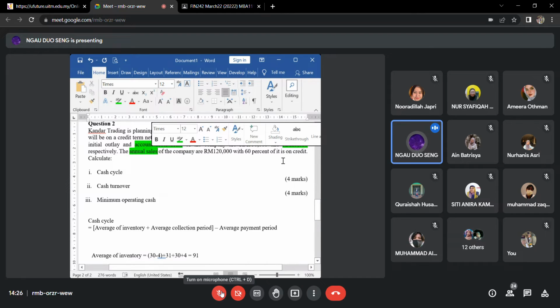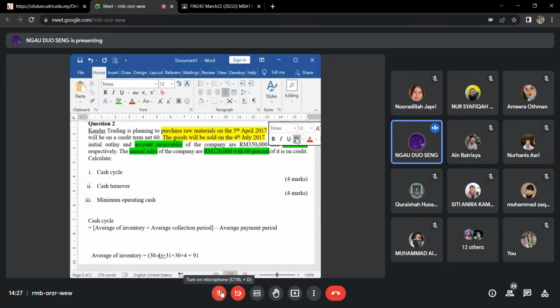So we multiply by 60%, because we are calculating account receivable. The other 40% is cash sales. So for this one, we just take credit sales only, which is the 60%.